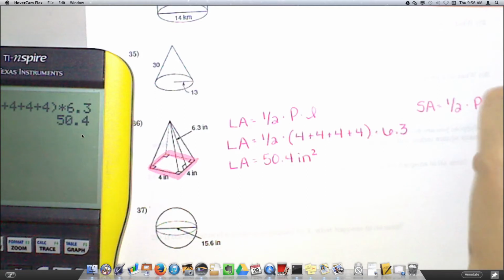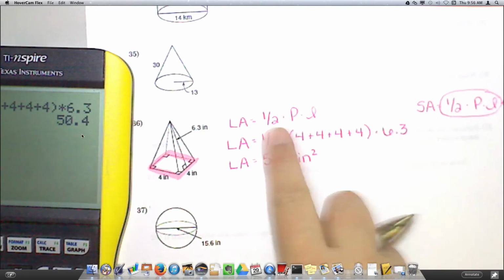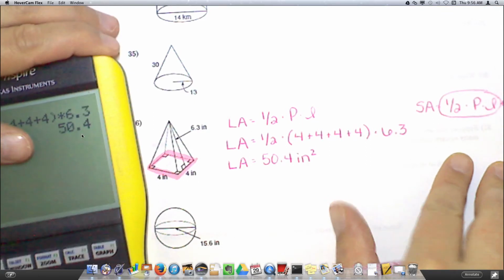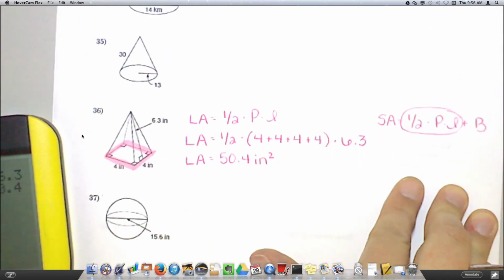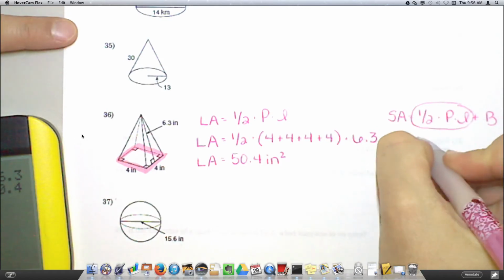Okay. And this, the 1/2 times P times L. So Luke just took that right off the formula sheet, right? Yes, ma'am, I did. This piece, the 1/2 times P times L, isn't that what we just did? Right? So I'm just going to plug that 50.4 in for that whole chunk, because I already did that piece. Don't do all that work twice.